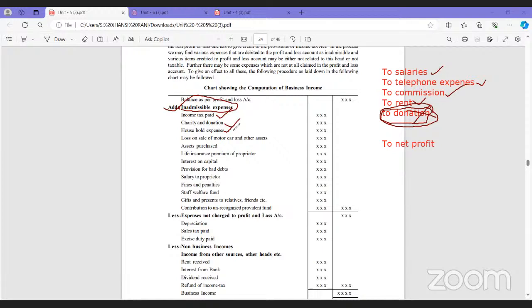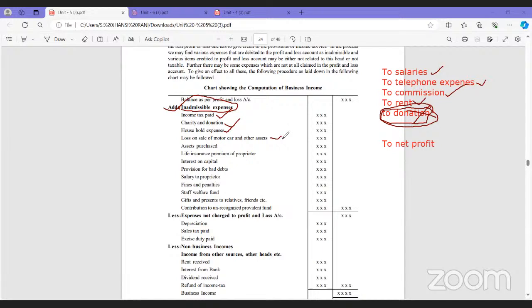I'm taking them to my house also, and I'm paying the salary from my business, but he's working for both office as well as house. So whatever amount he has taken from the business for his personal purpose is not a business expenditure. Loss on sale of motor car and other assets.